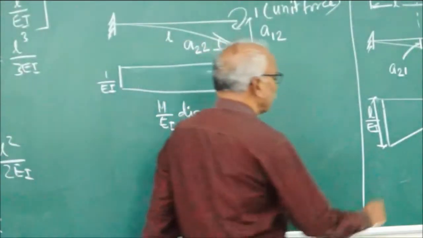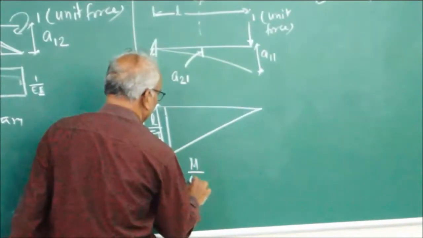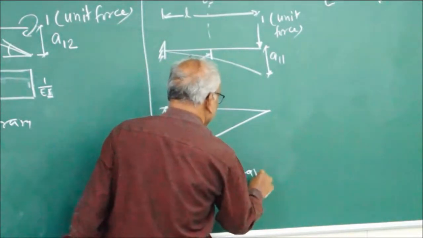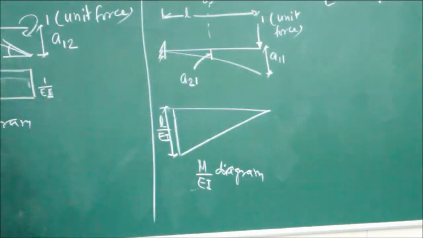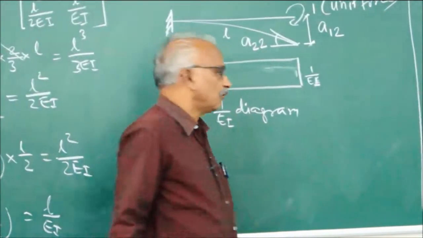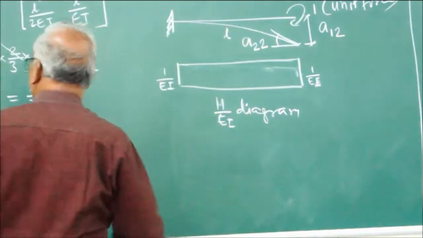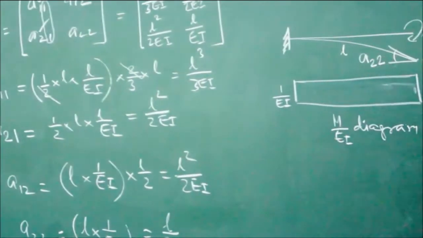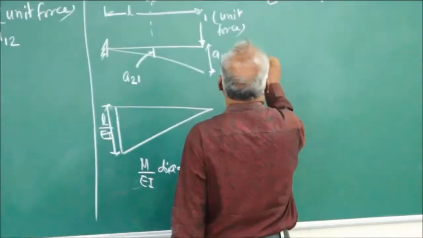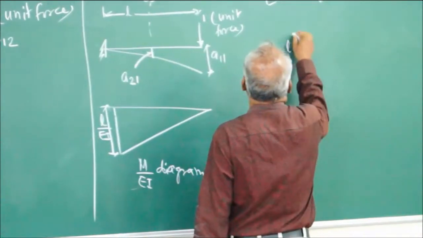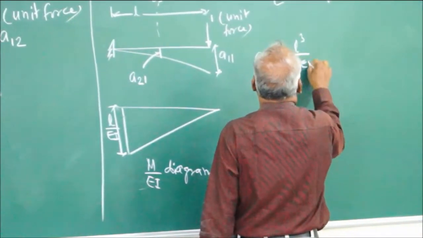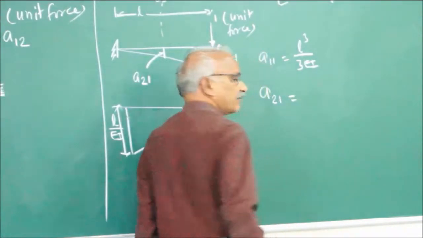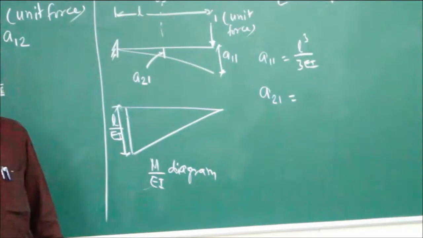So this is the M by EA diagram. Already we have calculated, so this calculation is not to be repeated. So A11 equal to L cube by 3EI.